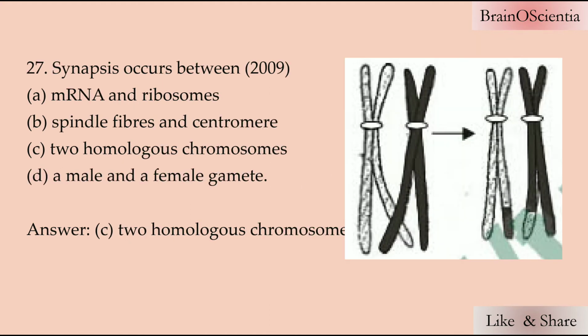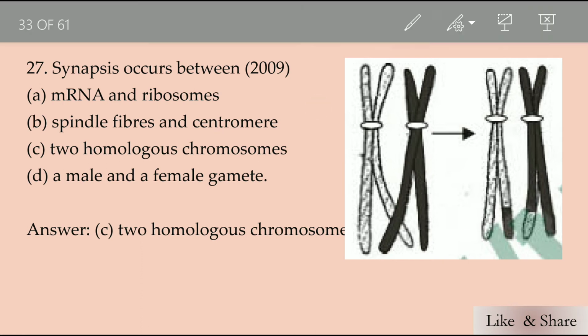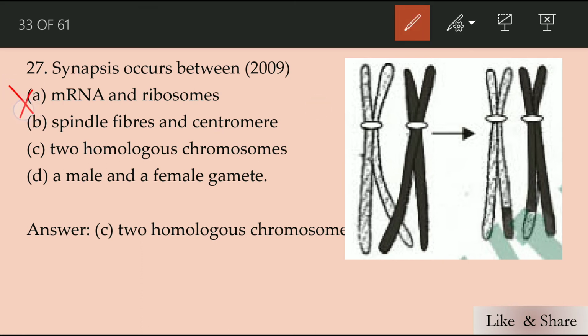Synapsis occurs between. The first option says synapsis occurs between mRNA and ribosome, there is no such question of mRNA and ribosomes here. The first option is incorrect. Second option, the spindle fibers and the centromere. Synapsis never happens with the spindle fiber and the centromere.